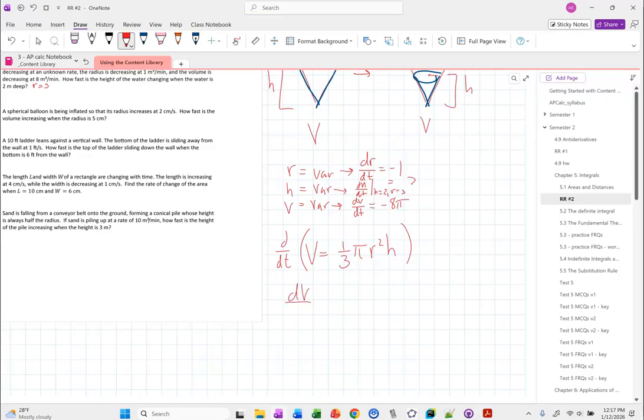The derivative of v is dv dt. 1/3 and pi are constants, so those are just pulled to the front. But to do the derivative of r squared times h, I need to use a product rule. So I'd have the derivative of r squared times h, and then r squared times the derivative of h.